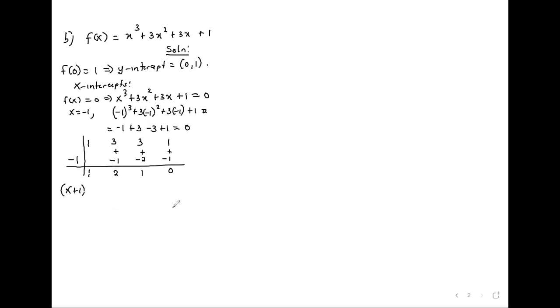When the factor is negative, we use plus, multiplied by x squared plus 2x plus 1 is equal to 0. So x is equal to -1. We factorize here, we'll get x squared plus x plus x plus 1 is 0.